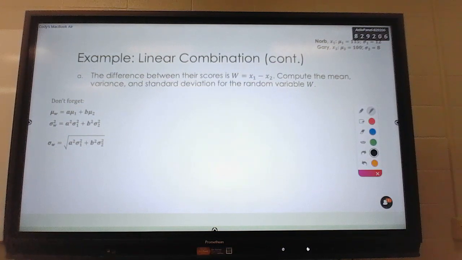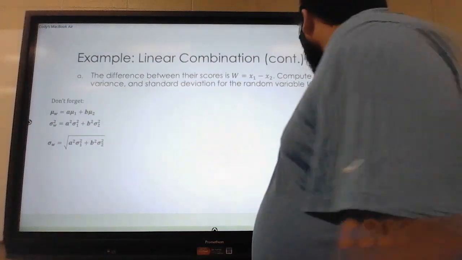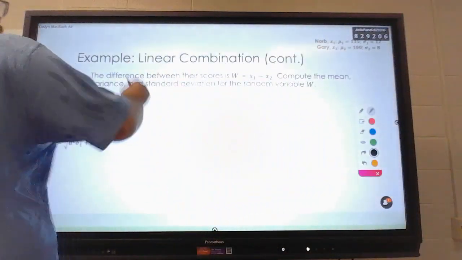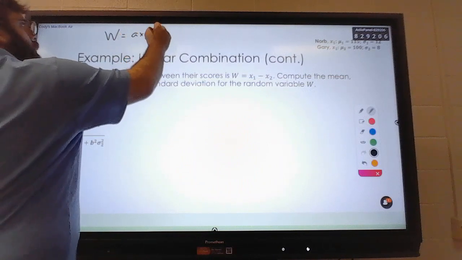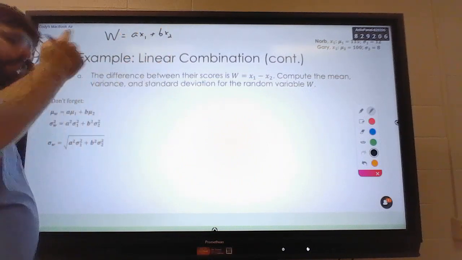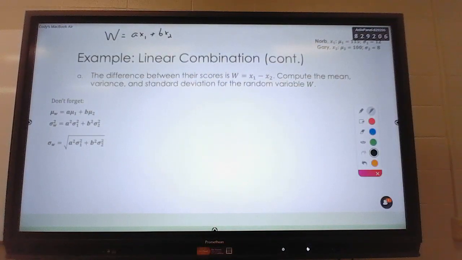Okay. So looking at this, if we're looking at the formula by itself, I mean the linear combination function, it's A times x1 plus B times x2.